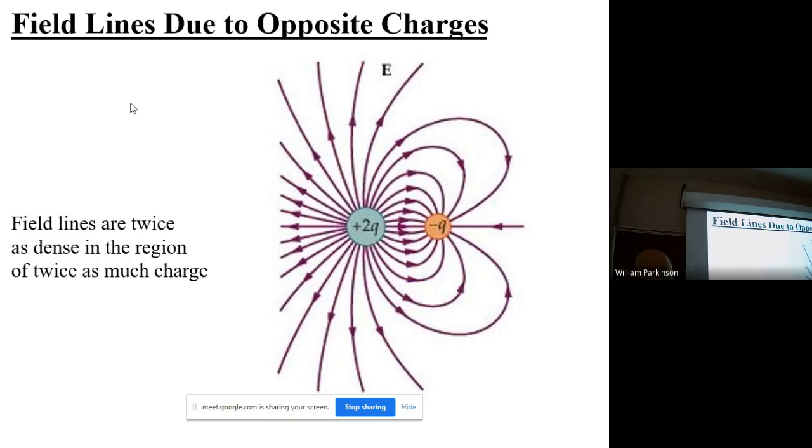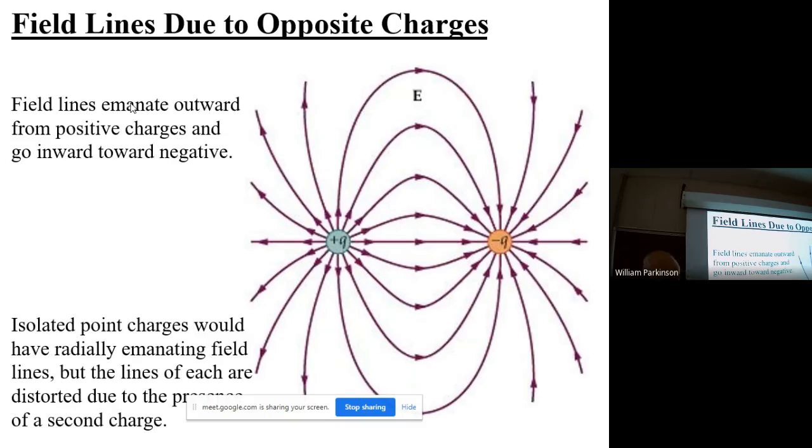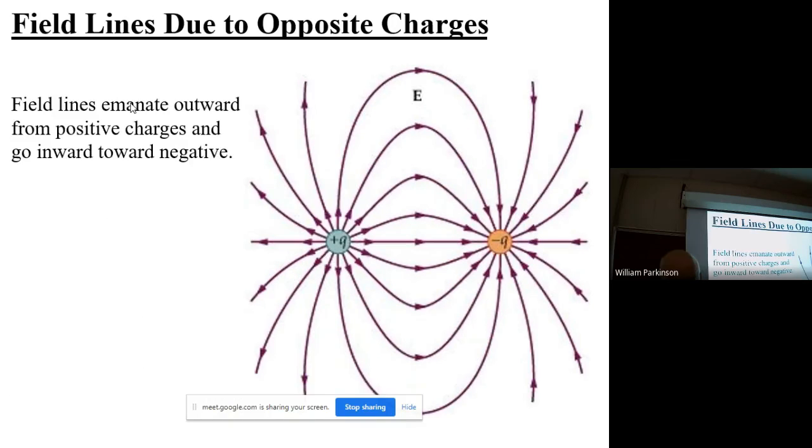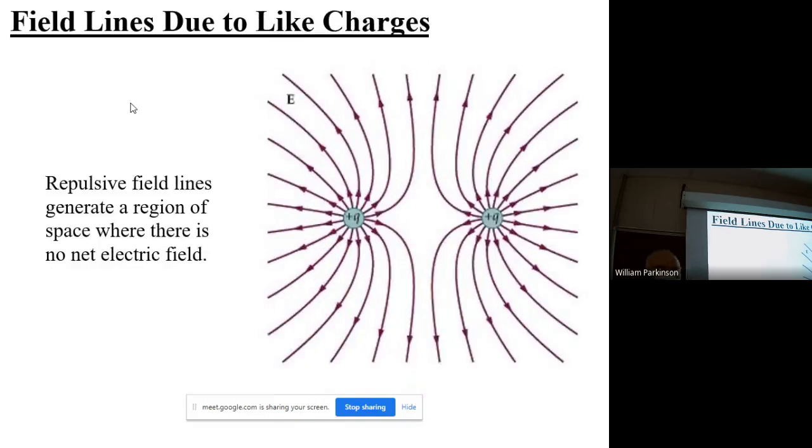The field lines are intensified between the charges when they're opposite, as opposed to when they're the same. Oops, that's not it. I went the wrong way. When they're the same charge, the field is canceling between them.